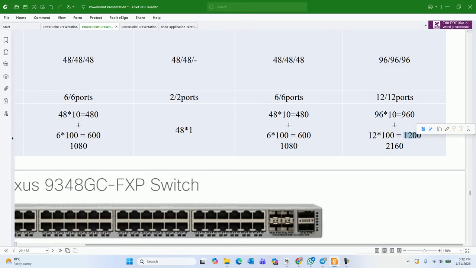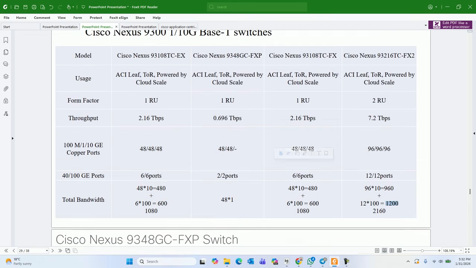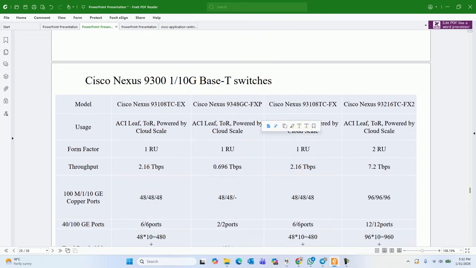The total is 2160 Gbps. You can calculate it on every switch once you look at the name of the switch.